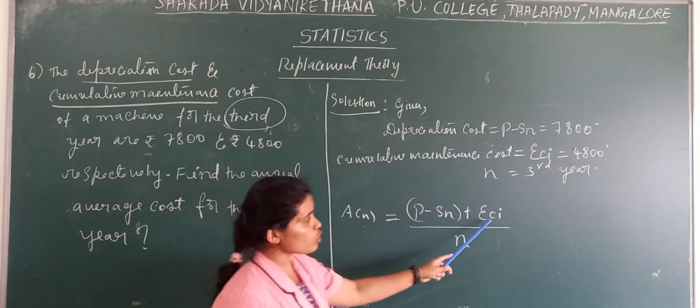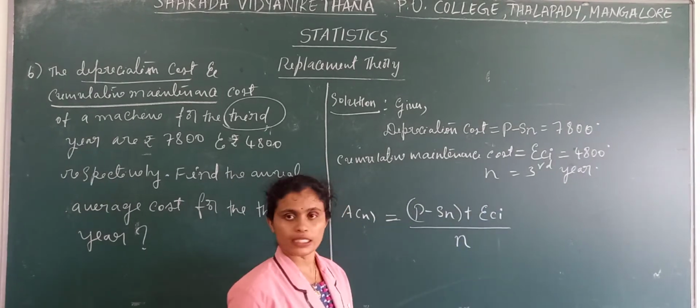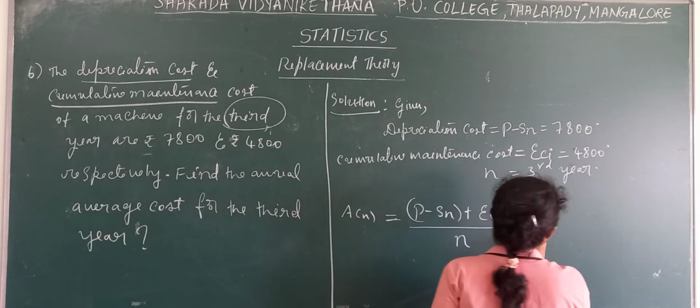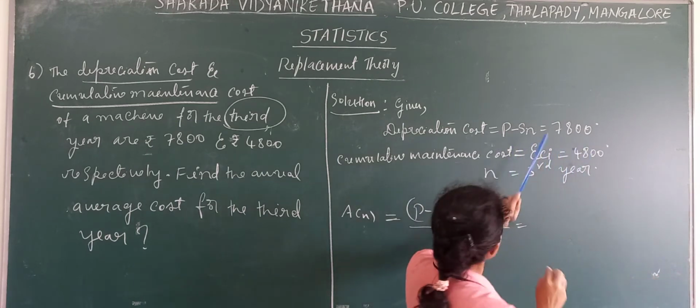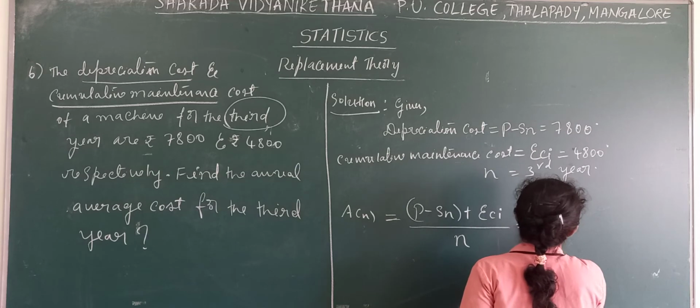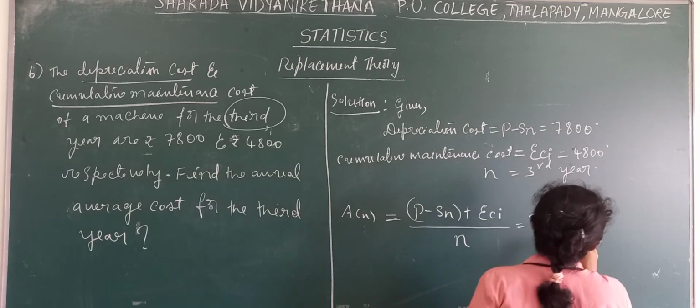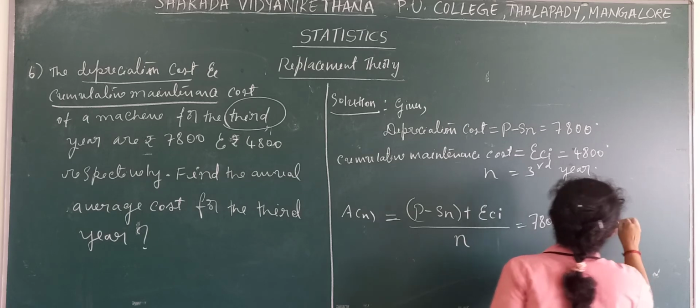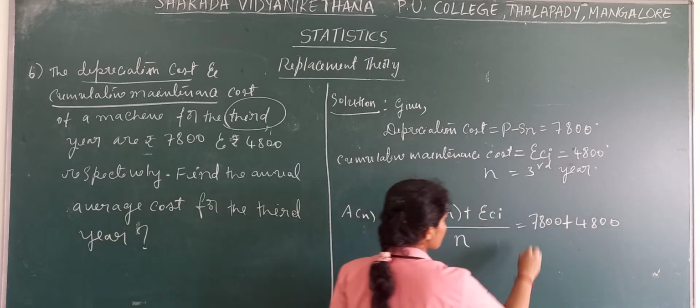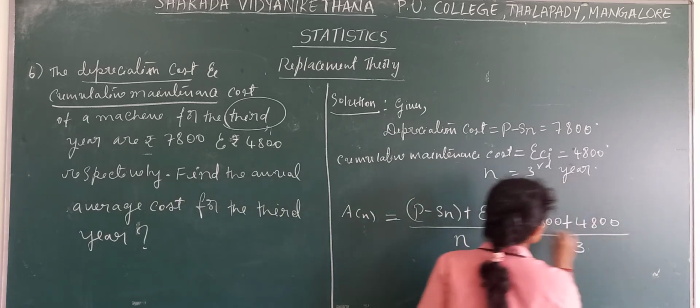So here we know that P minus Sn is 7,800 plus cumulative maintenance cost, that is 4,800, divided by 3.